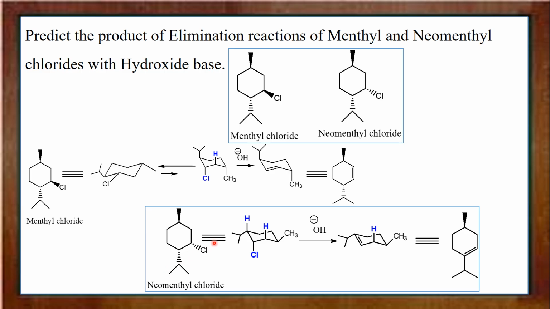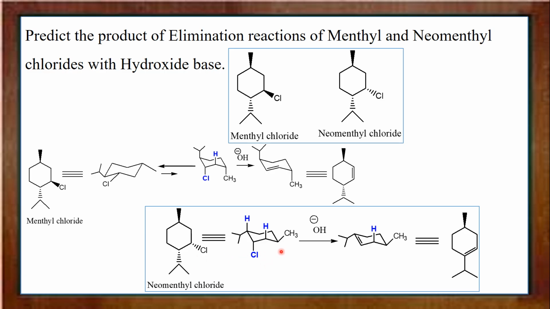For two groups in the 1,2 position to be cis, they have to be axial-equatorial or equatorial-axial. So isopropyl is already on the equatorial side. Therefore, chlorine should go to the axial side. So this is how neomethyl chloride, the hexagonal cyclohexane structure, is converted to the chair form.